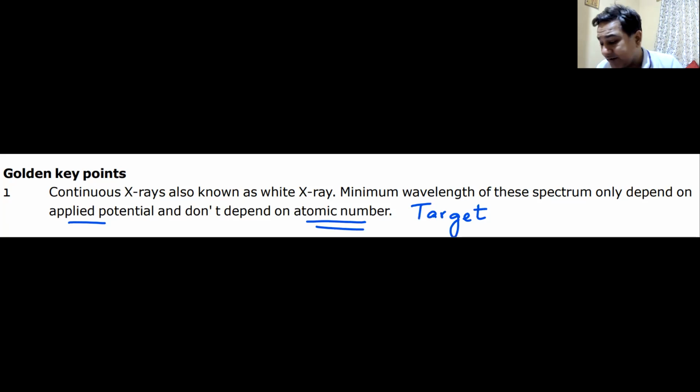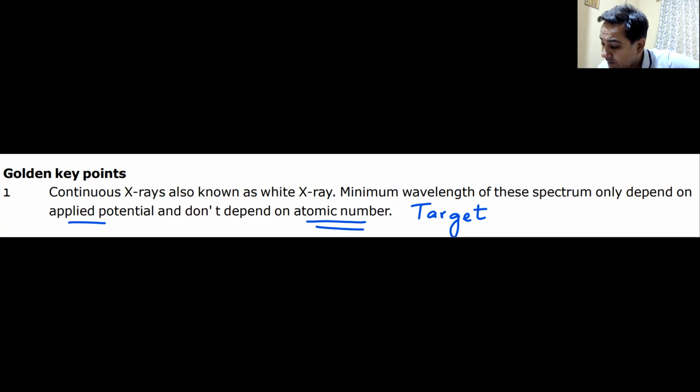There must be some X-ray which depends on what target metal we are using. We are using iron, we are using copper, or anything that we find in the universe. There must be some X-ray which depends on those target metals. And those X-rays are known as? Any idea what those X-rays are known as?